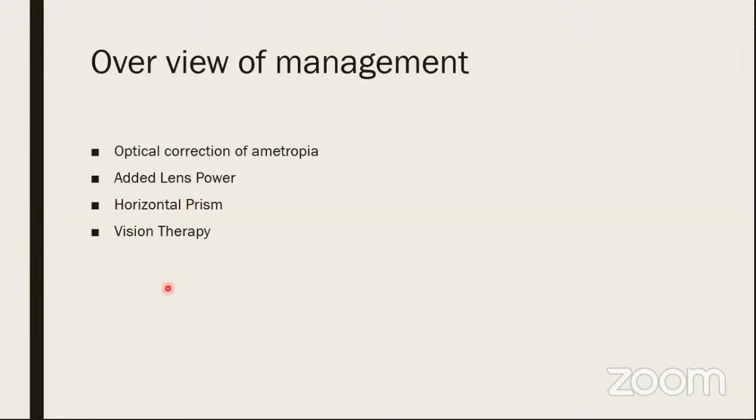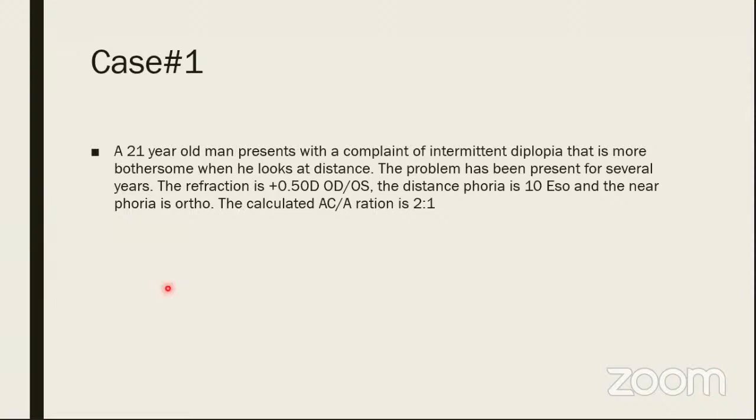Today also we have many cases to discuss. I'm checking the chat box so that we can get an answer or response from the participants. So let's see, I have a case.